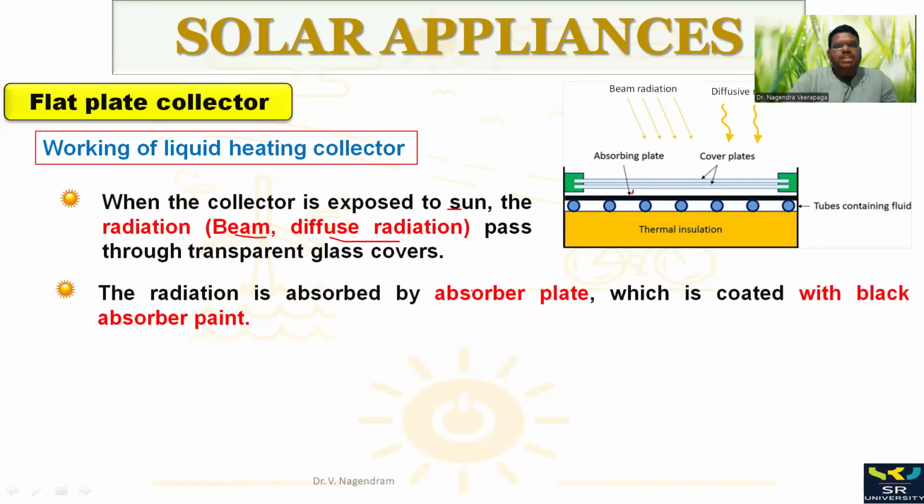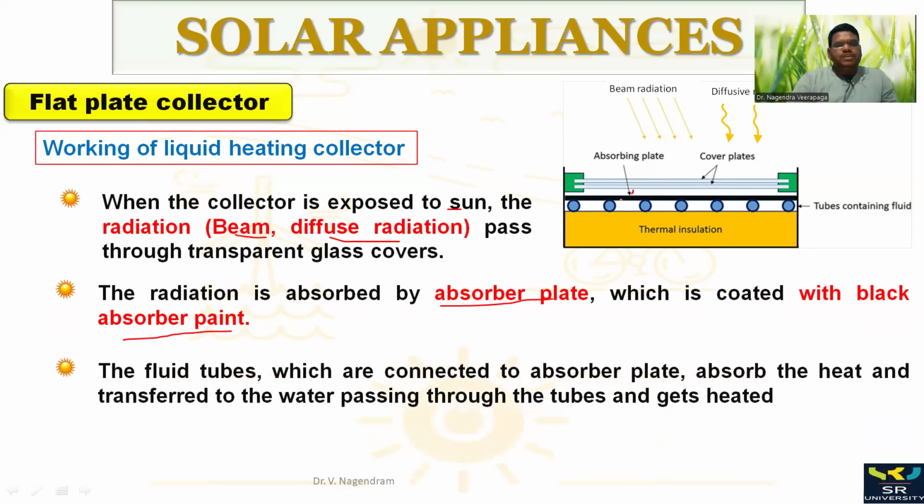Whatever radiation is received by the plate, which we coat with black paint, it will absorb the solar radiation incident on it. The fluid tubes, which are connected to the absorber plate, as I mentioned, at the bottom of this absorber plate, absorb the heat and transfer it to the water passing through the tubes.